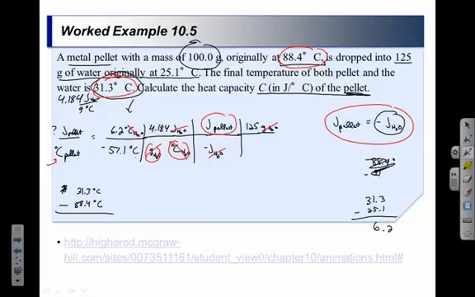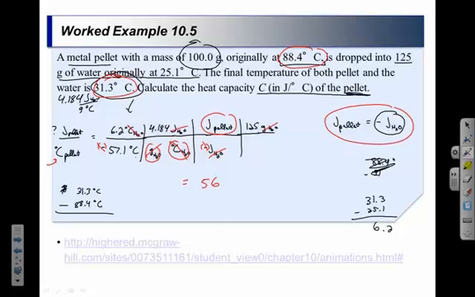These negative signs cancel. Negative times a negative equals a positive. So everything cancels except joules of energy the pellet absorbs or releases per degree Celsius change in temperature for the pellet. I multiply the stuff on top, divide the stuff on the bottom, and I get 56.